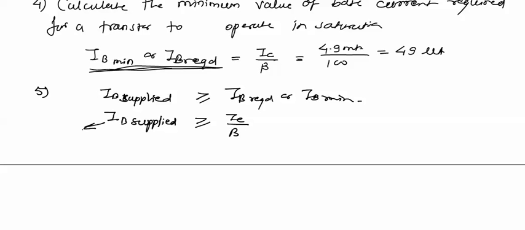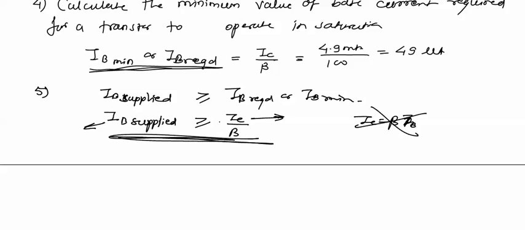Remember, this is the base current which was calculated by applying KVL in base emitter loop, and this is the collector current which was obtained by applying KVL in collector emitter loop. We didn't use the equation IC is equal to beta IB, as this equation is not valid in saturation. If transistor satisfies this condition, then it is operating in saturation, otherwise it will be in active region.